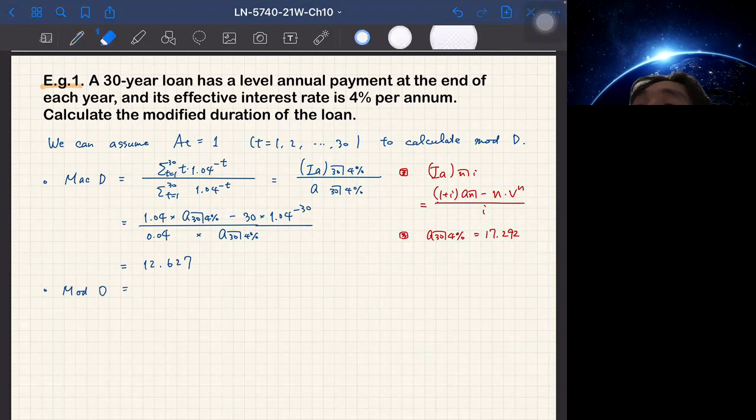Now we can calculate the modified D. Modified D is equal to v times MacD. So that means 1.04 inverse times 12.627. So this becomes 12.14.